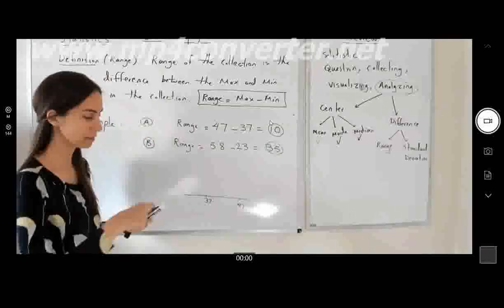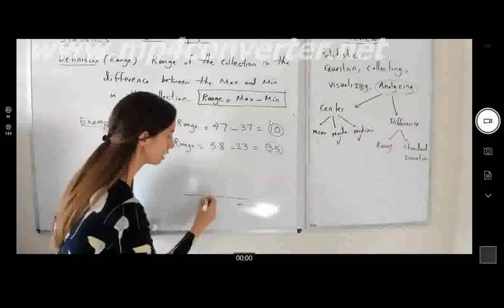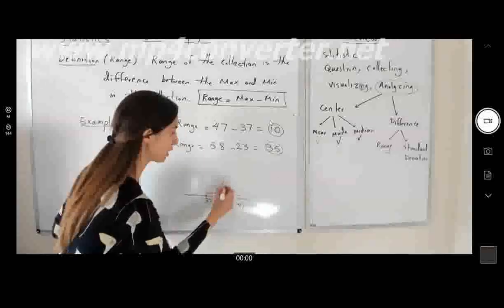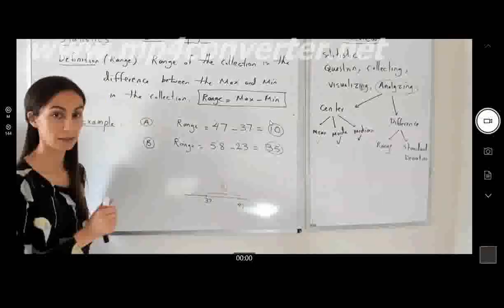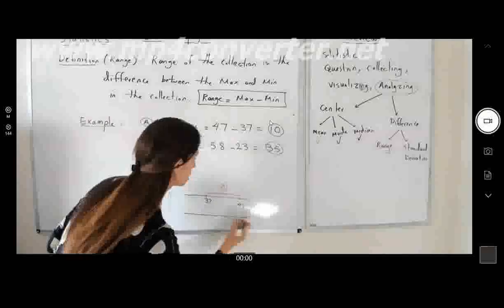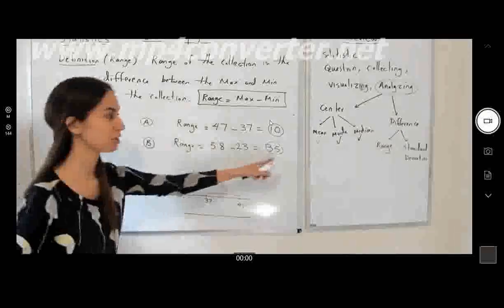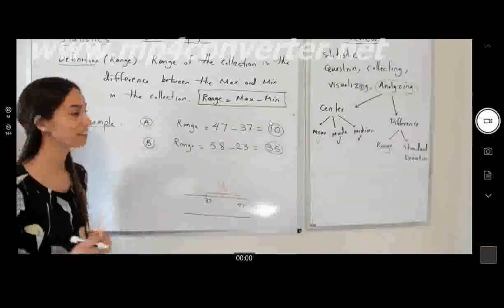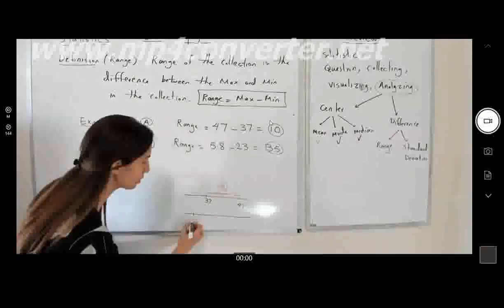And the difference between these two, the range, is 10. So this is for corporation A. The second corporation has a range of 35, has minimum salary 23, so 23 goes here.